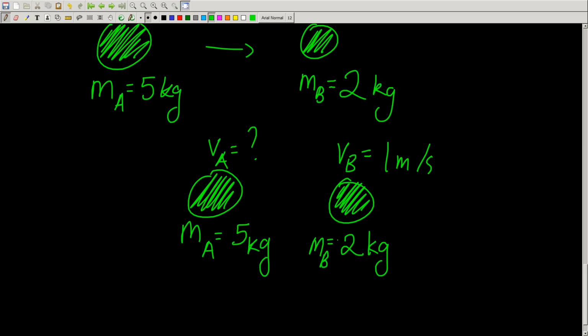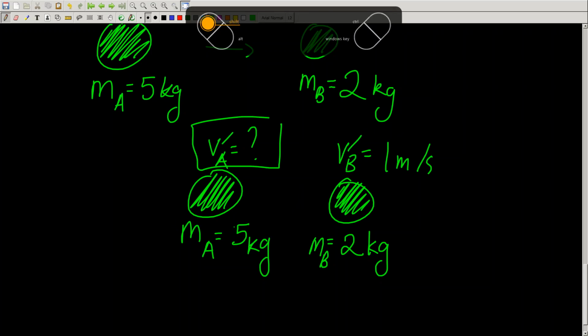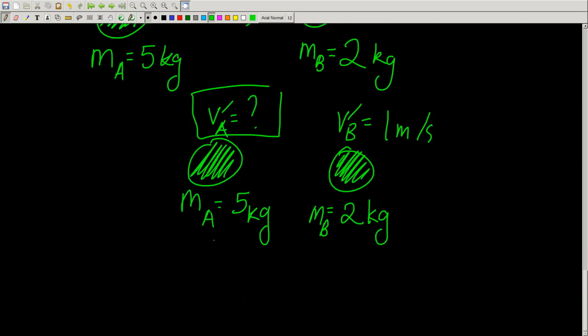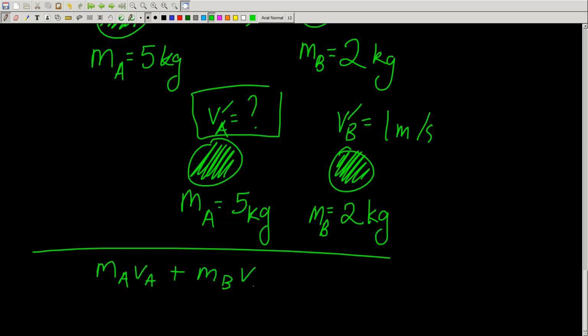So now, using conservation of momentum, can I determine what VA's velocity is after the collision? And the answer is yes. So I've got all the quantities I need. All I have to do is set up my equation. So MA VA plus MB VB equals MA VA prime plus MB VB prime.